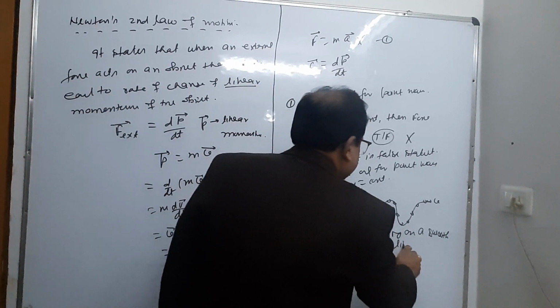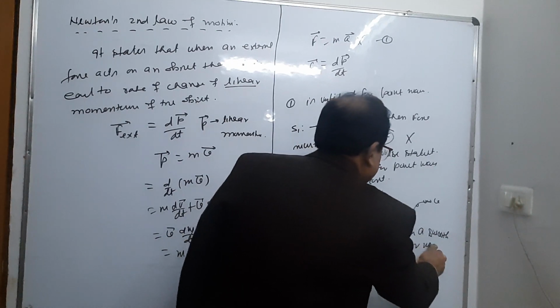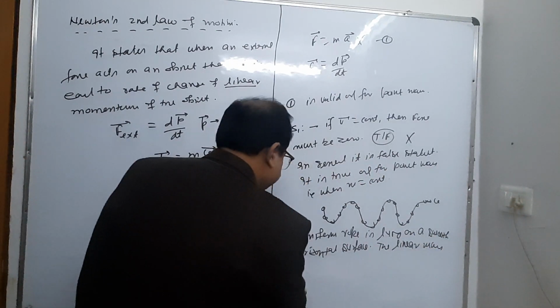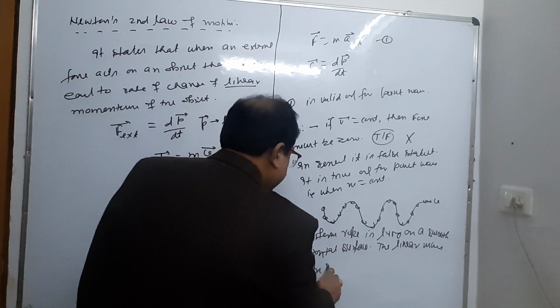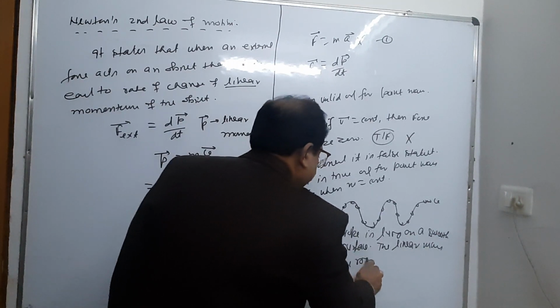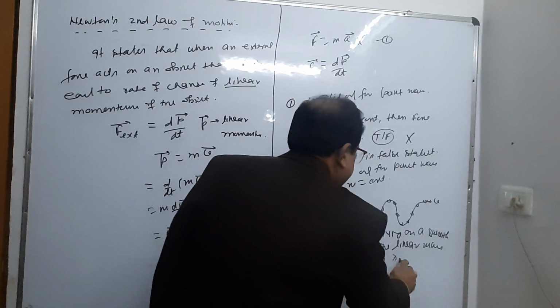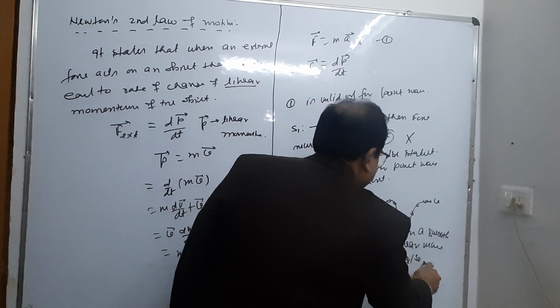The linear mass density of the rope is lambda kg per meter.